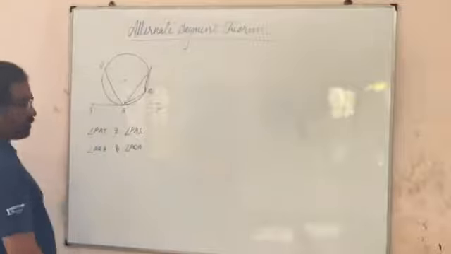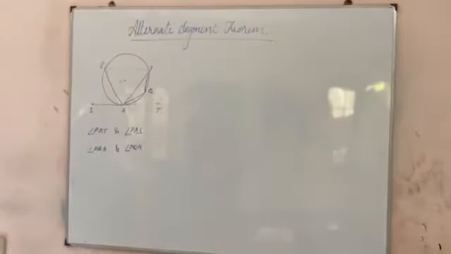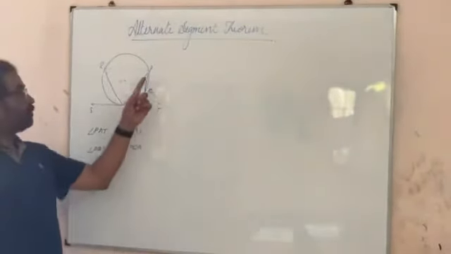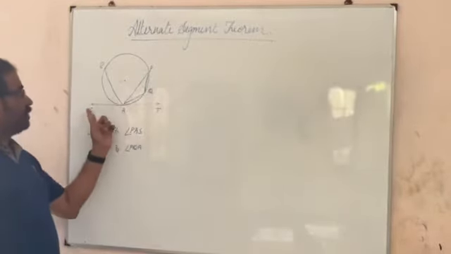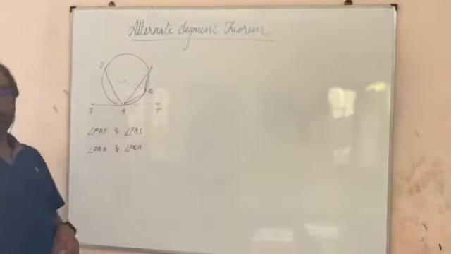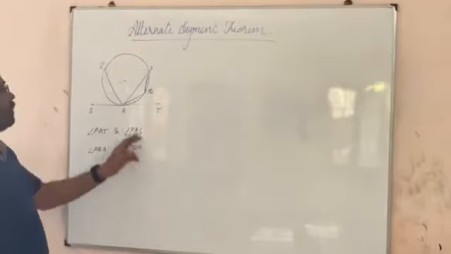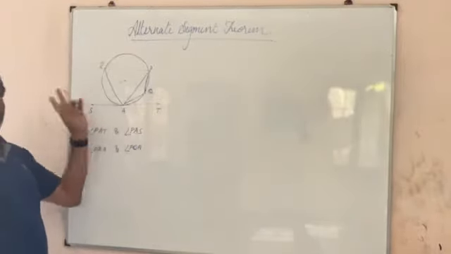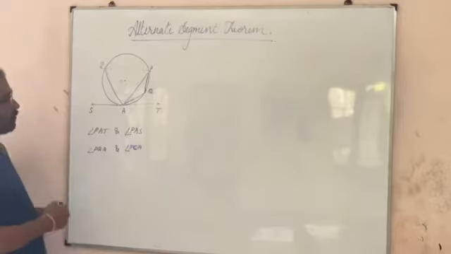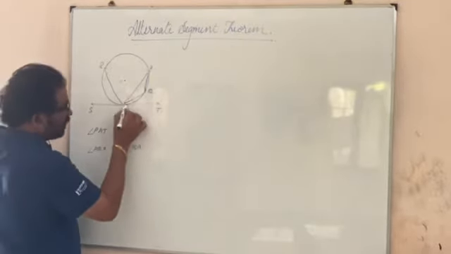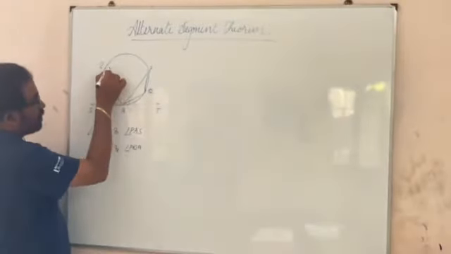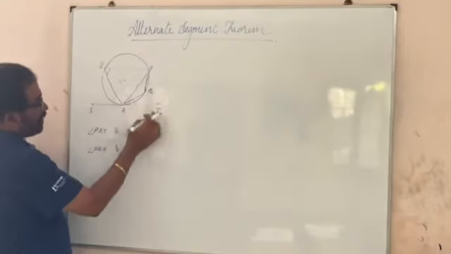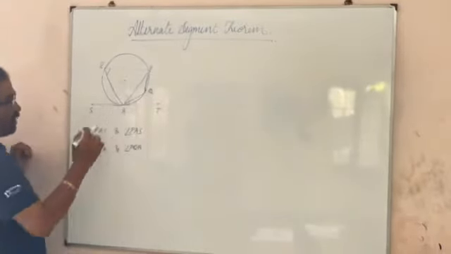And the theorem says the angles between the chord and the tangent are respectively equal to the corresponding angles in the alternate segments. That is, this chord makes PAT here, and the corresponding alternate segment is here. So angle PAT must be equal to angle PRA.